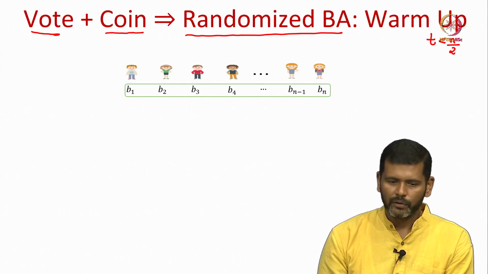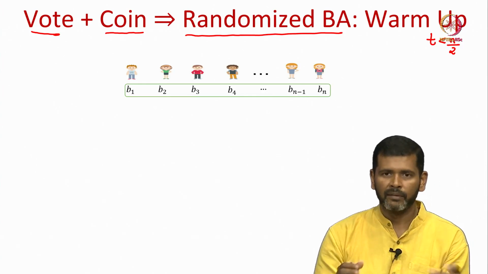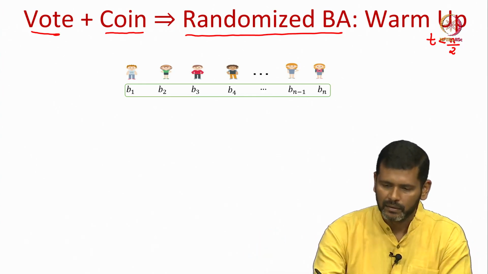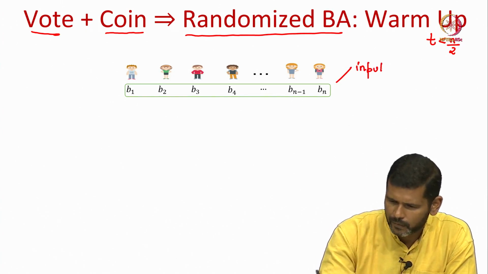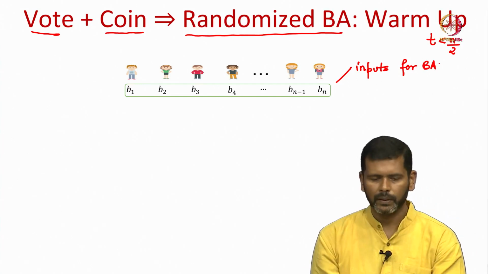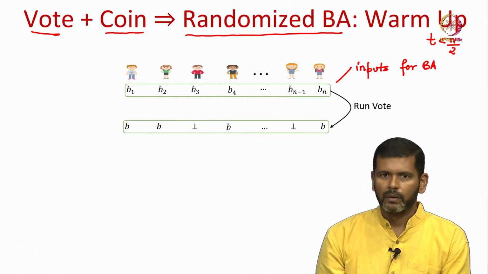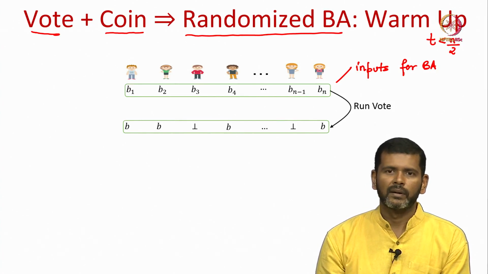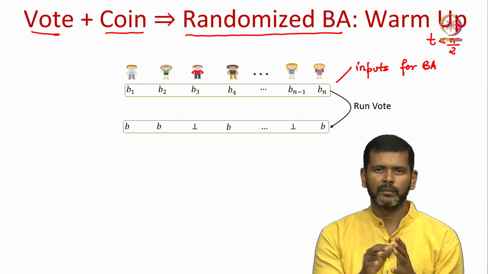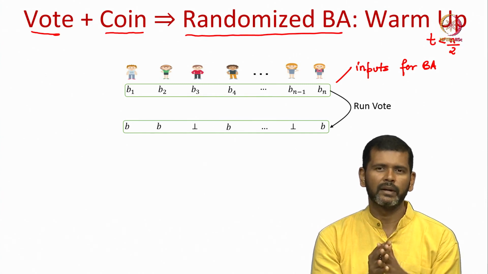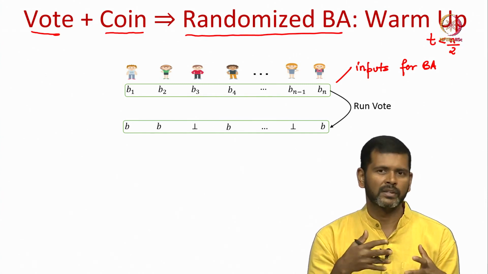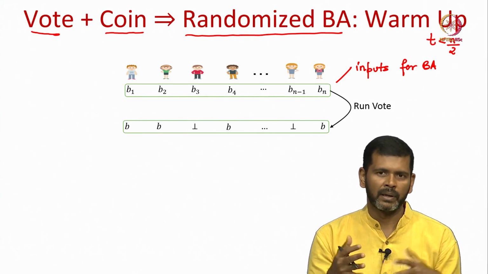To begin with, every party will have their respective bits, their respective inputs for BA. The first thing that they will do is run an instance of vote, which is a deterministic protocol, and they try to find out whether all the honest parties have the same bit or not.